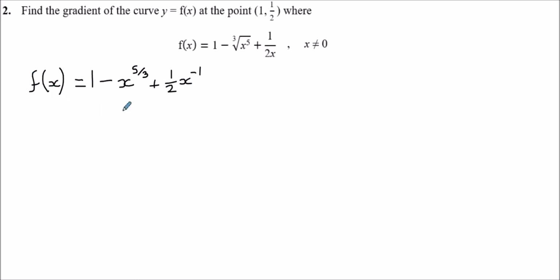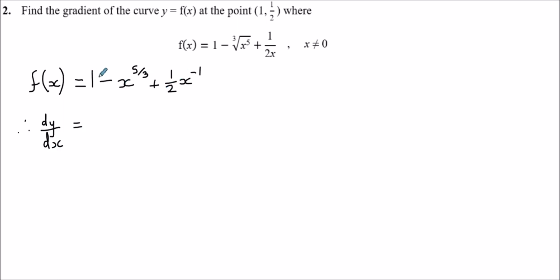So it's really important, as we've seen, to get the function in simple power form, in simple index form, without any surds or roots if we can help it. So therefore, for gradient of a curve, dy by dx, we can differentiate each term in turn.